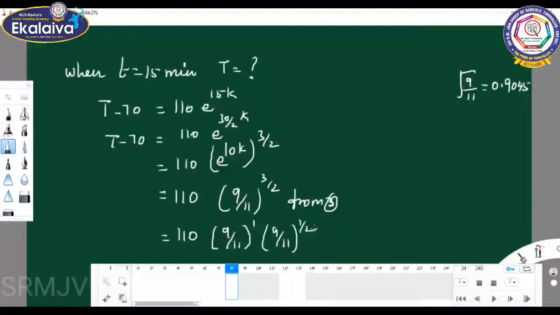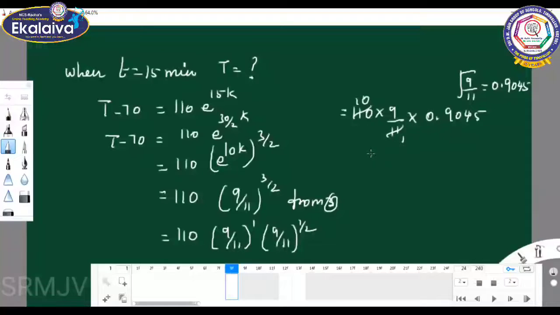If the bases are same, you can add the powers and you get 3 by 2. So it gives 110 into 9 by 11 into 0.9045. So what is the answer for this?